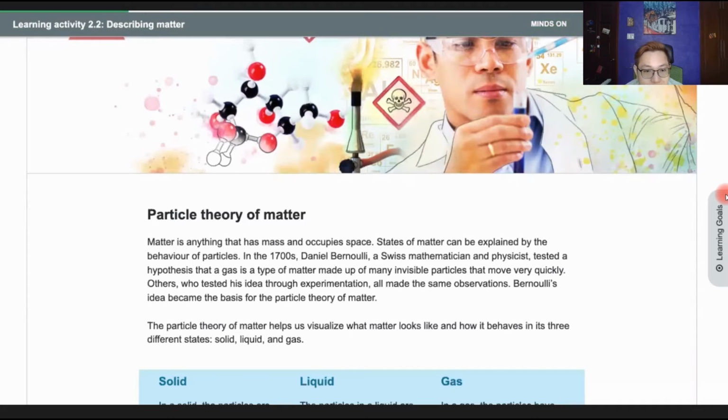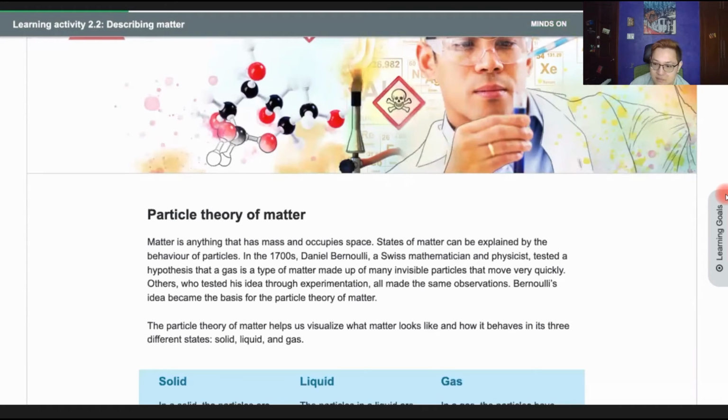Daniel Bernoulli, a Swiss mathematician and physicist, tested a hypothesis that a gas is a type of matter made up of invisible particles that move very quickly.